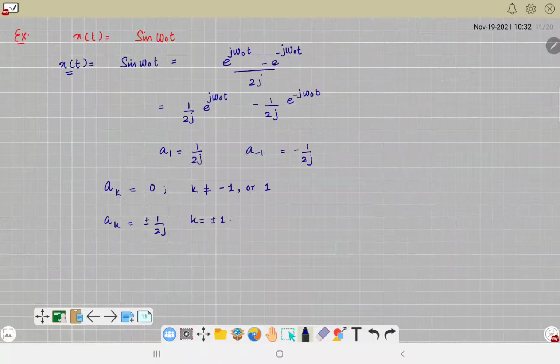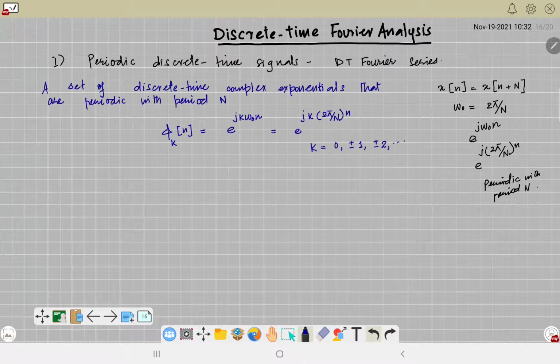So if I define, just for the sake of understanding, phi 0 n, it will be e raised power 0, which is 1. Then if I define phi capital N, it will be e raised power j capital N omega naught n.